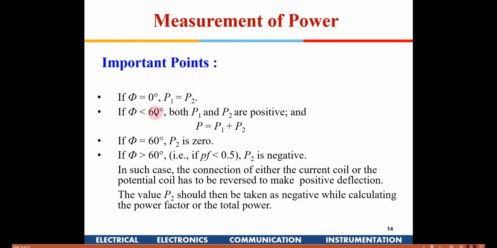But in case there is a reactive element, there could be two possibilities. One is the phase angle is less than 60, then both P1 and P2 will be positive and you can get the total power P1 plus P2. And there could be a possibility that the phase angle is greater than 60. In that case, P2 will be negative.